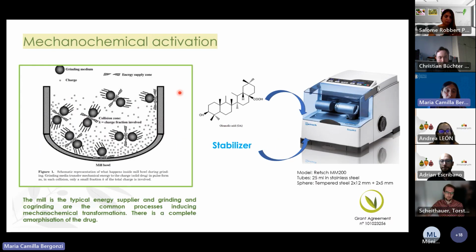The last one, macro formulations, is a formulation obtained by mechanochemical activation. We use a ball mill and we put inside this mill oleanoic acid and a stabilizer. The energy applied by the mill produces an amorphization of the oleanoic acid, a reduction of the size, and also an interaction between oleanoic acid and stabilizer.